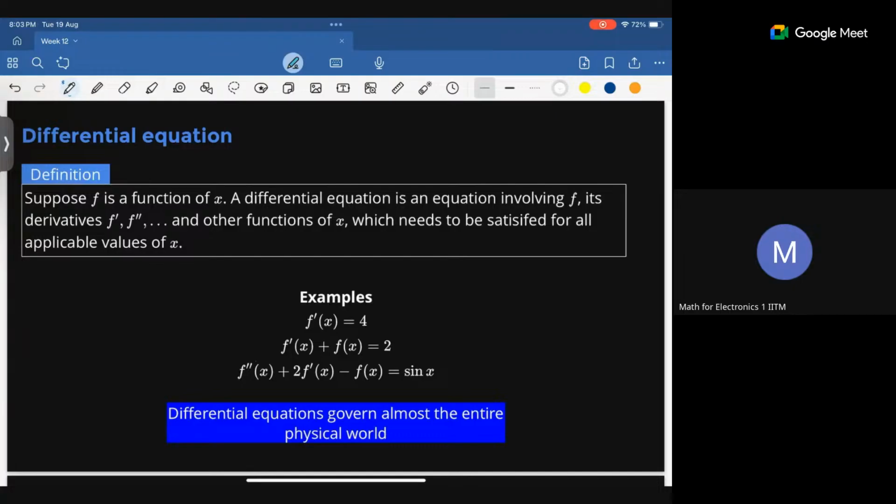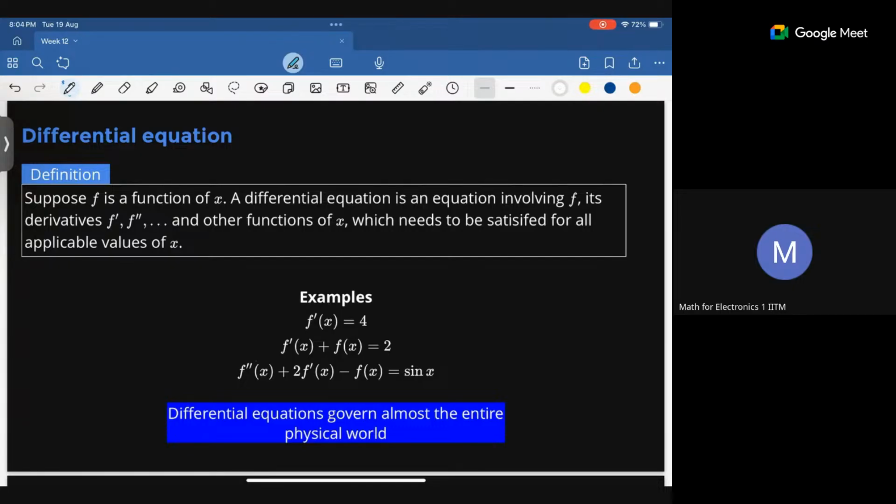And once you find the solution to that differential equation, then that solution can be the voltage across the resistor or capacitor or whatever the component we are interested in at a particular time. Or it may be the current passing through the circuit and many other examples, right?